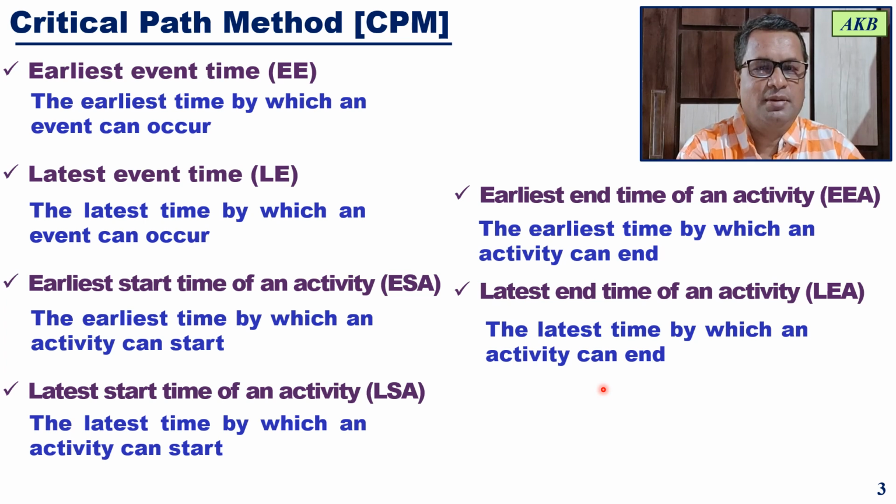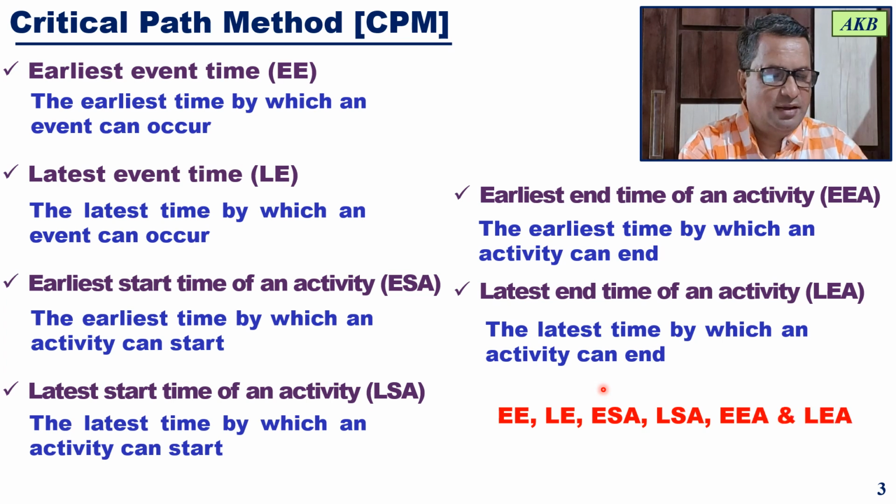Okay. So on this slide, we have understood these terms: EE, earliest event time; LE, latest event time; ESA, earliest start time of an activity; LSA, latest start time of an activity; EEA, earliest end time of an activity; LEA, latest end time of an activity.